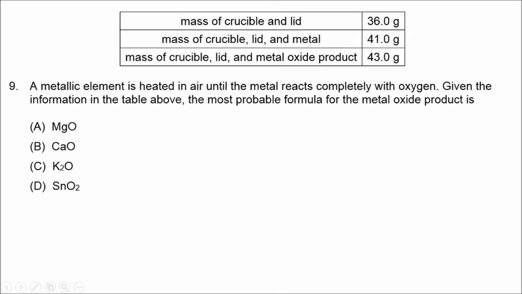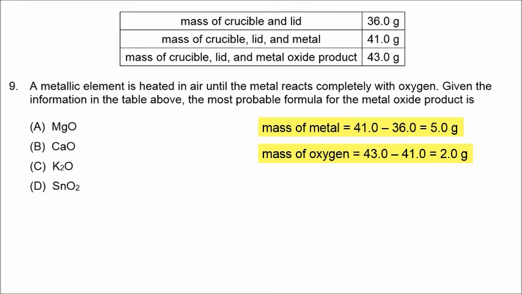In number 9, we are given some experimental data regarding a metal that's being heated in the presence of oxygen. So we start off with a metal, and then we turn this into a metal oxide. The mass of the metal is equal to 5 grams, and the mass of oxygen that combined with this metal is equal to 2 grams.